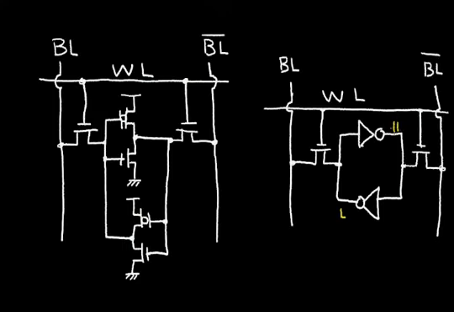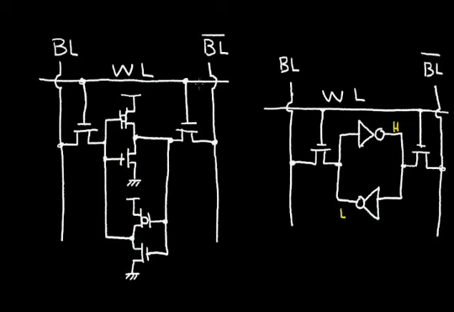To a high voltage, and the bottom inverter will reinforce that logic state. So this cross-coupled inverter can exist in two different states. So I've shown here 2 bit lines. I've labeled them BL and not BL. And I've shown a word line that I've labeled WL.